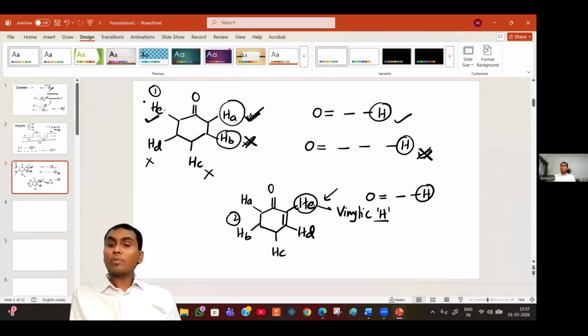Why? Because of continuity of the double bond. What is continuity of the double bond? We will see later in the mechanism of tautomerism. But here we only consider that if hydrogen is at a vinylic position, then it will never take part in tautomerization. If it is at an allylic position, then it will take part in tautomerization.